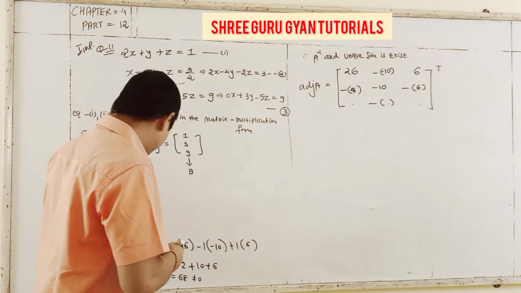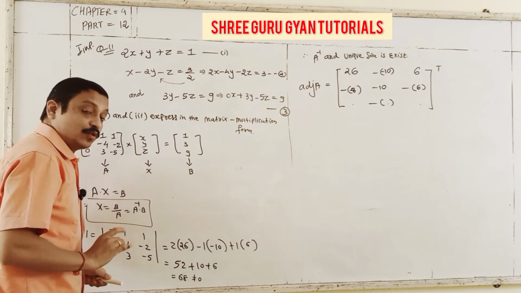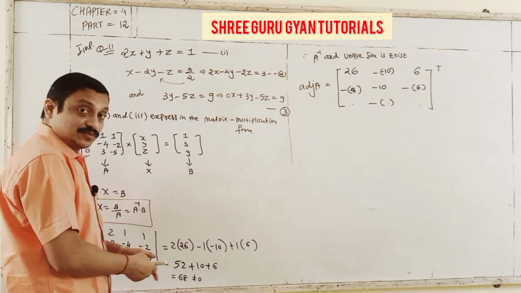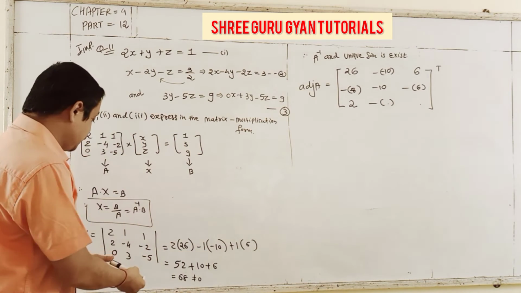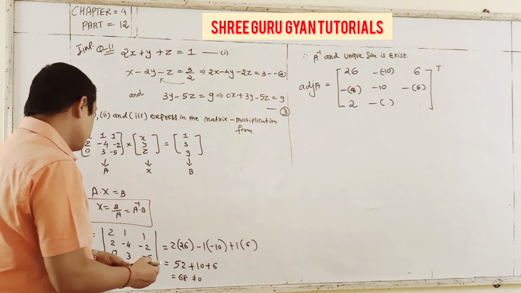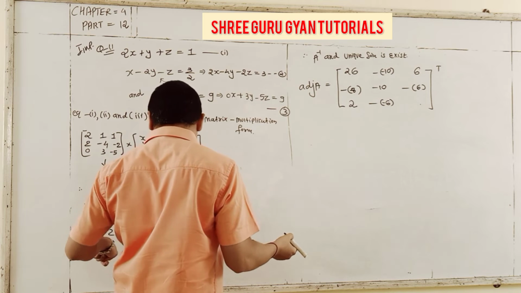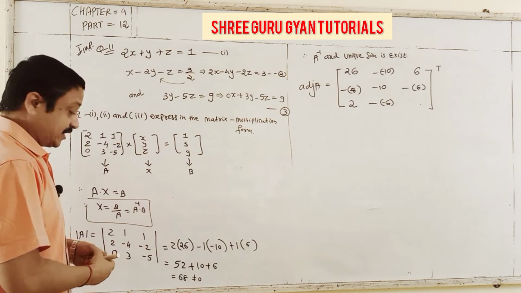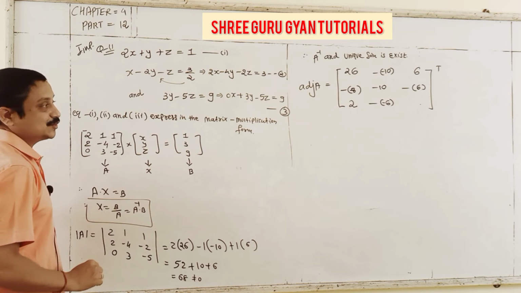Now L shape, this and that. So minus 2 plus 4, which is 2. Now next, this T shape, that and this, minus 4, minus 2, minus 6.